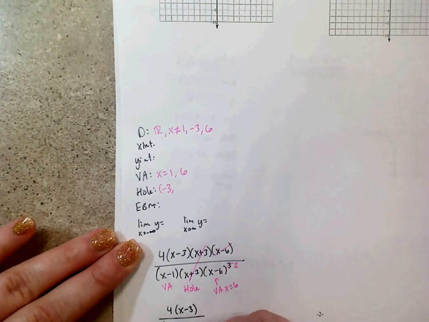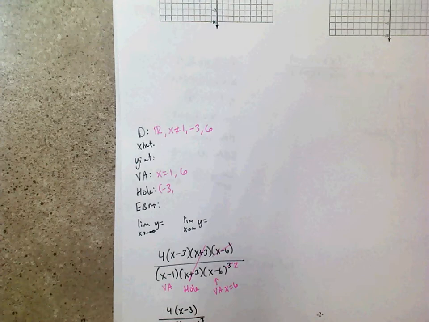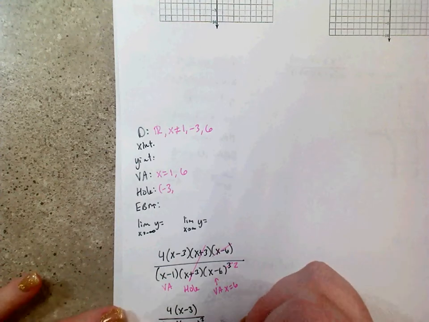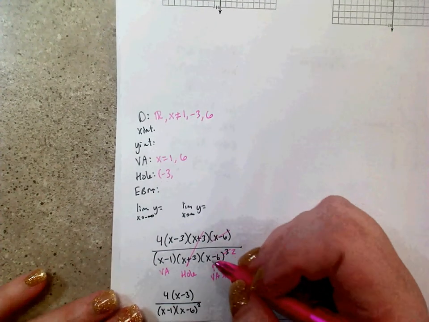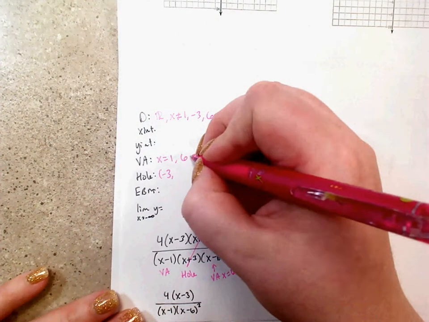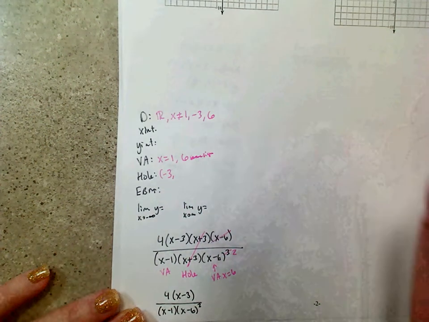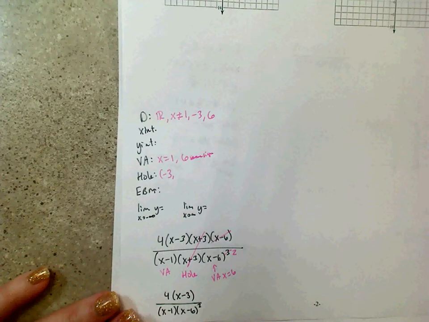And this is what I'm going to use to plug in -3 to find my y value of the hole in the graph. Now, I'm also going to say this. The vertical asymptote at 6, I'm going to go ahead and put a same sign out to the side because I want to remind myself that that's where I have a multiplicity of 2. Okay, so I'm going to plug in -3.